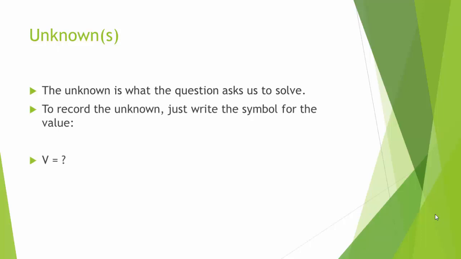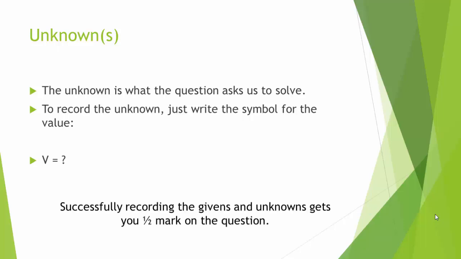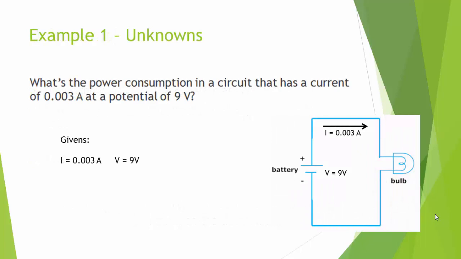So if the question had asked us for potential, it would be V equals question mark. If you successfully record the givens and the unknowns, you get a half mark before you even start to calculate the answer to the question. So in this case, our unknown is the power consumption, and P stands for power, so we would write P equals question mark.